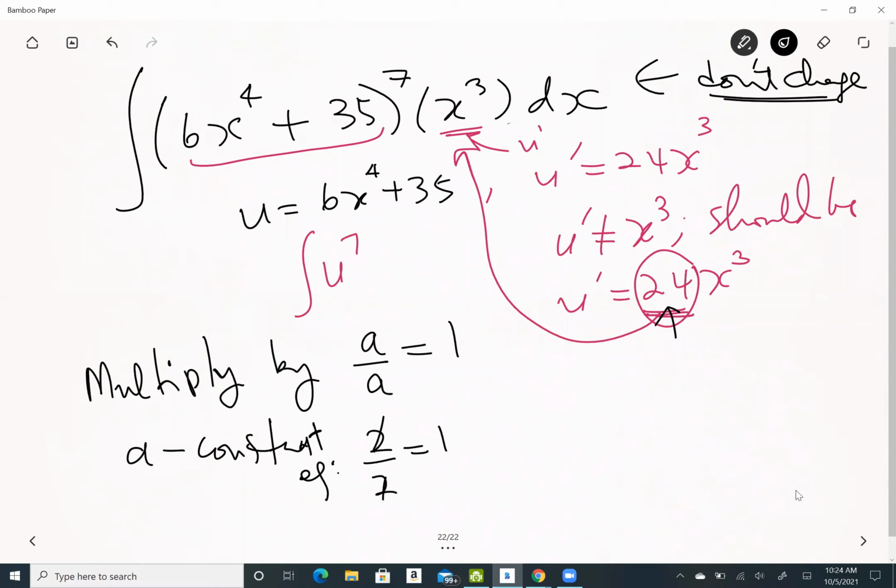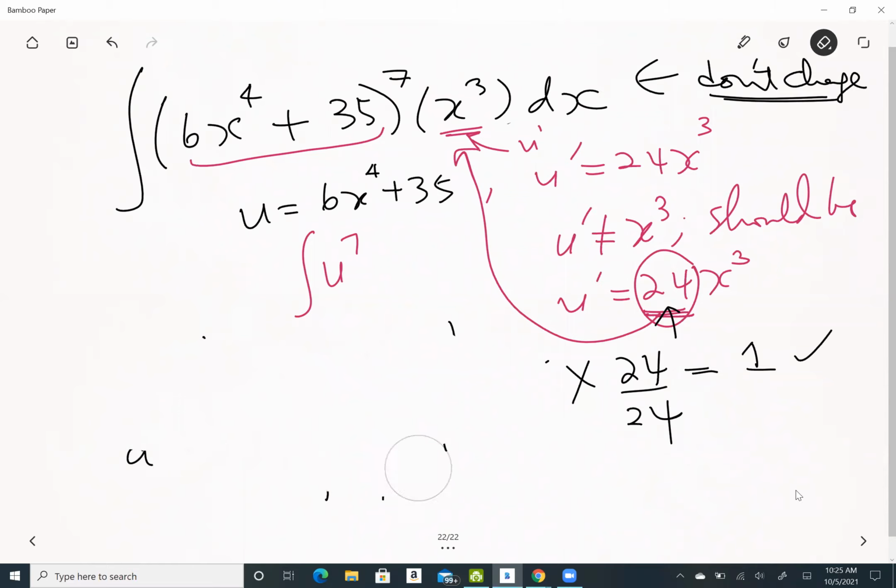So I multiply by 24 over 24, which is equal to 1. You split the 24 over 24: the 24 at the top, you put in as the coefficient of x cubed, and the denominator, you bring out.